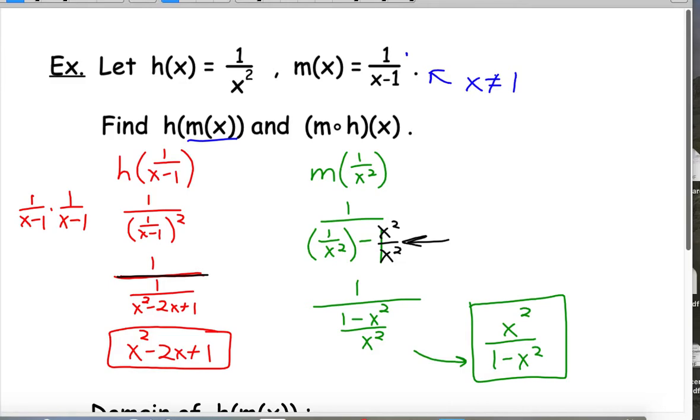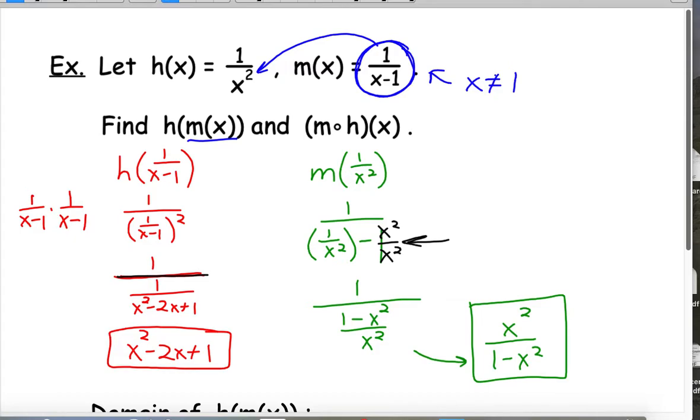Now, once I take this and I plug it in for the x there, what do I know? Well, I know that I can't send a 0 over there, because I can't do h of 0. That would be a problem, because I can't have 1 over 0 squared. But, fortunately, there's no way this 1 over x minus 1 could ever equal 0.